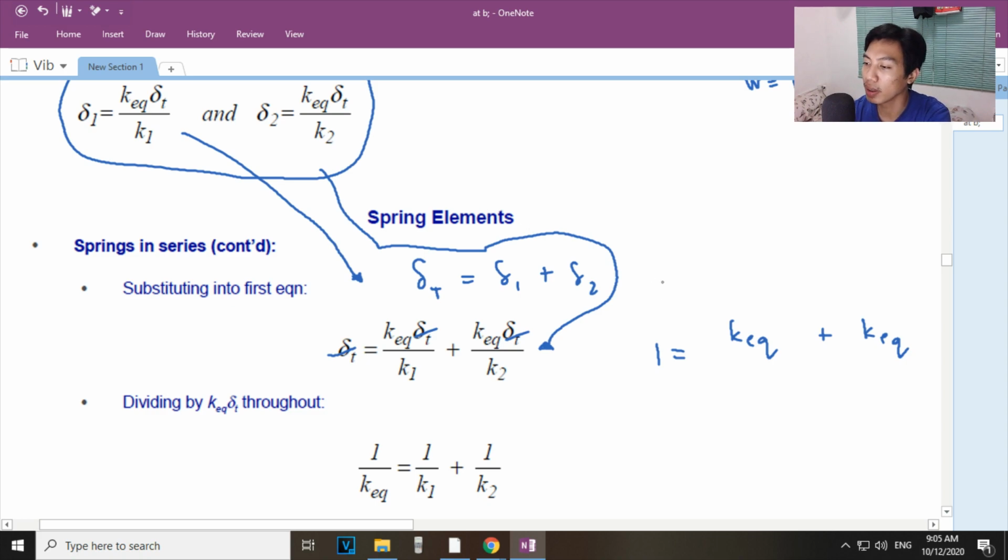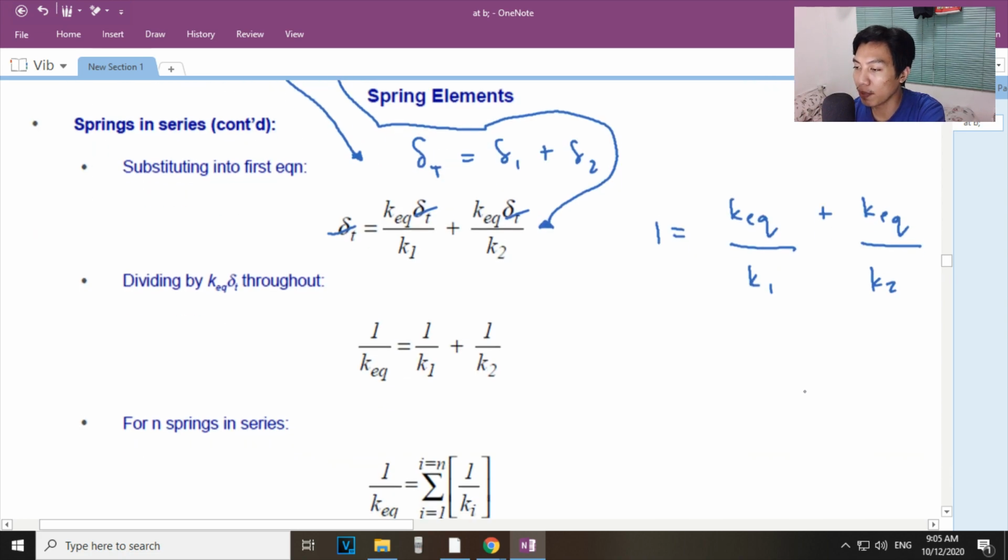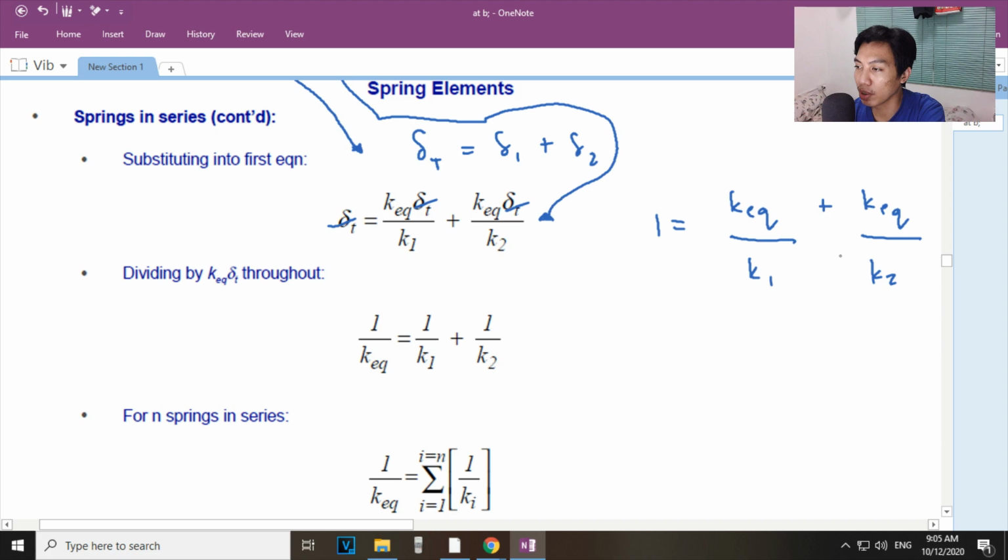Yan. The best way for us is to cross-multiply muna to. Okay? 1 equal to KEQ K2 plus KEQ K1 over K1 K2.